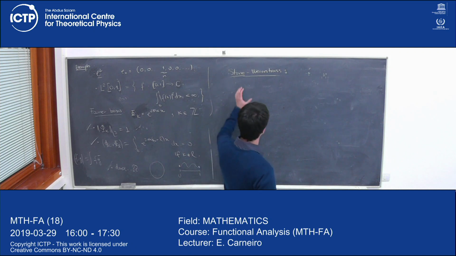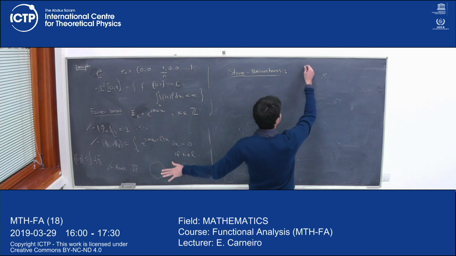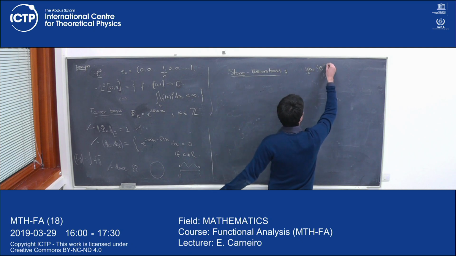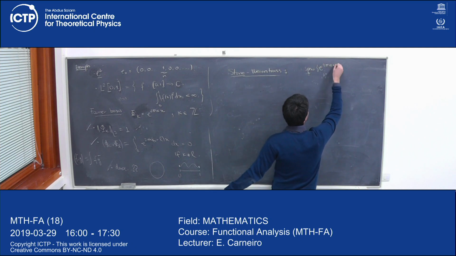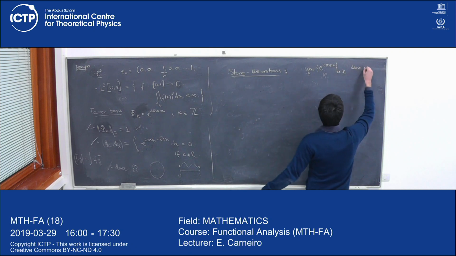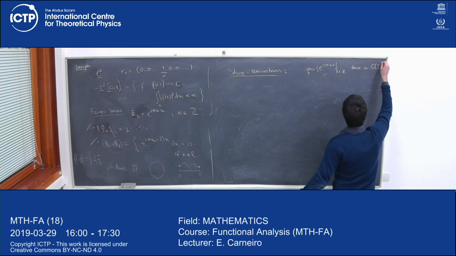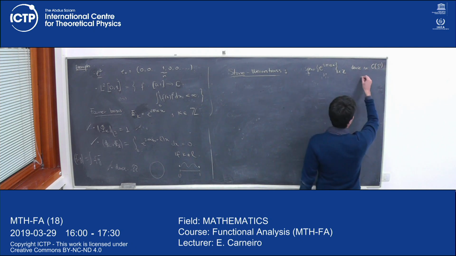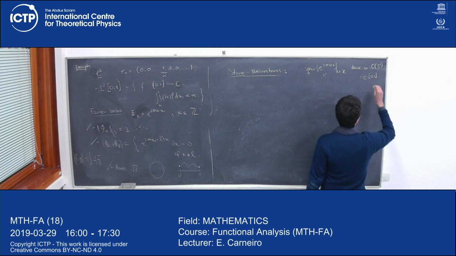So let's see. Stone-Weierstrass will give me what? It will give me that the span of e to the 2 pi i kx, where k is an integer, is dense in the continuous functions on the circle. Do we agree on that? Or continuous functions on the space 0, 1 modulo the equivalence relation that 0 is equal to 1.